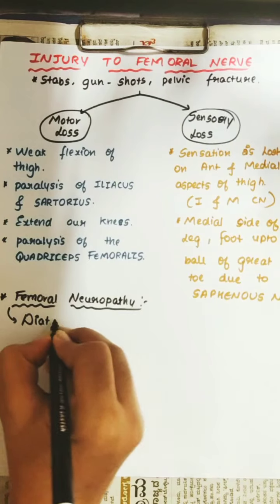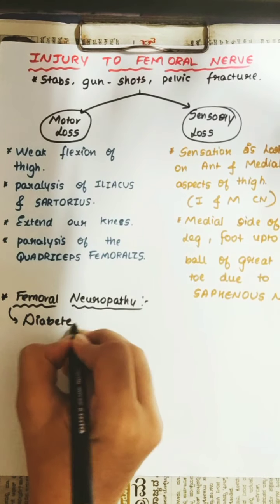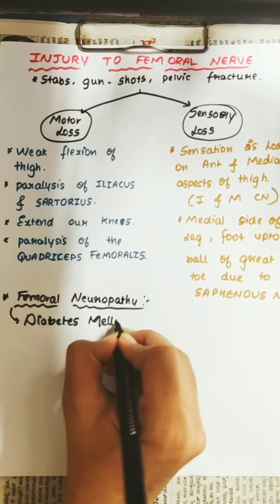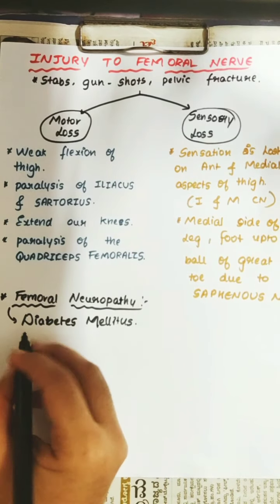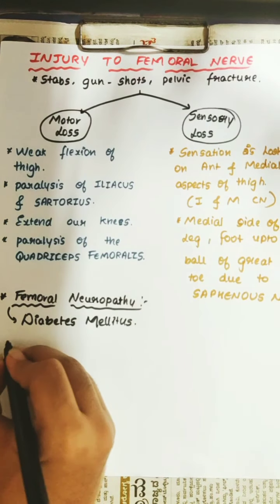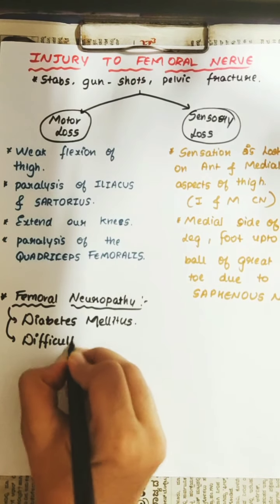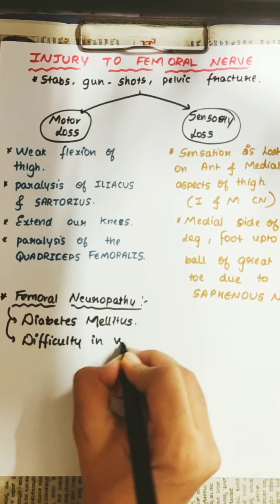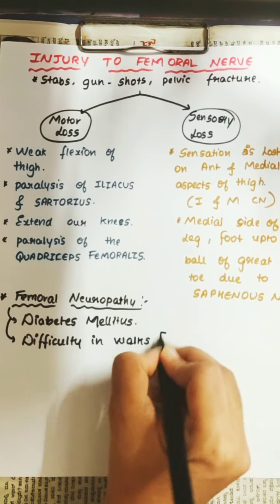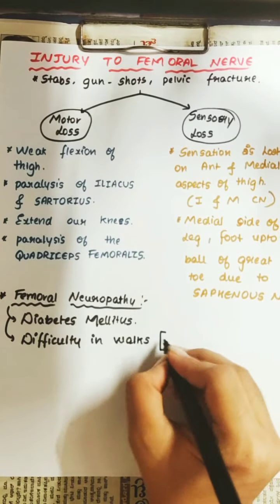First, it might cause diabetes mellitus, or else there might be difficulty in walking due to wasting of the quadriceps femoris muscle.